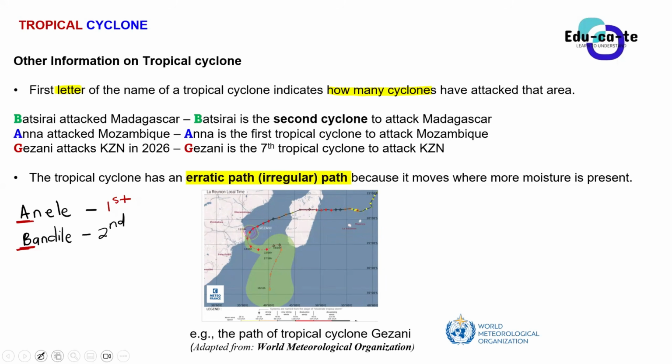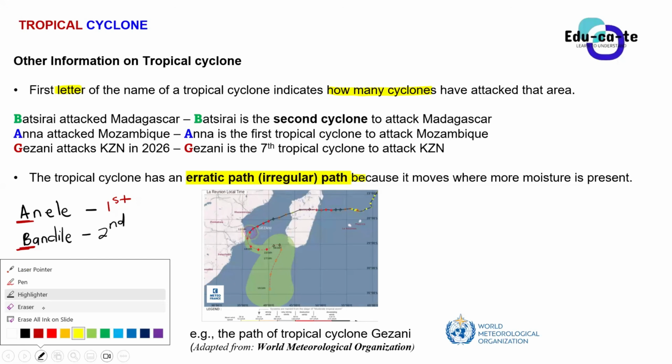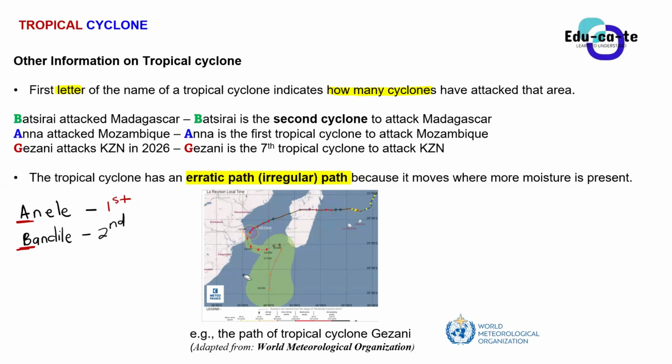Nonetheless, guys, we need to also look at the second point. The tropical cyclone has an erratic path, otherwise known as an irregular path. Meteorologists, those people who interpret the weather, some of them actually model the path of a tropical cyclone before it affects us.